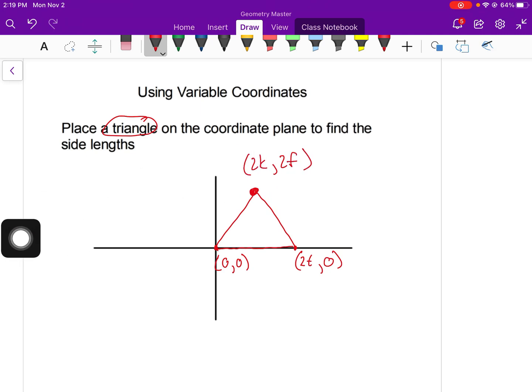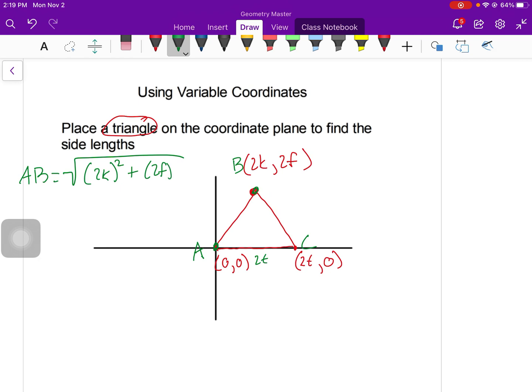So now it says find the side lengths. One of these side lengths is really easy. This side length is 2 times T. Now if I want to find this side length, I need to use my distance formula. So if I name these points A, B, and C, segment AB is going to be the square root of (2K) squared plus (2F) squared.